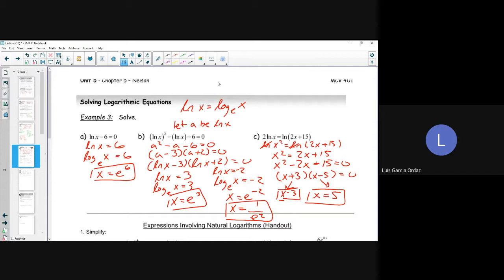So is any one of these invalid? And why is it invalid, Naj, if you care to explain?